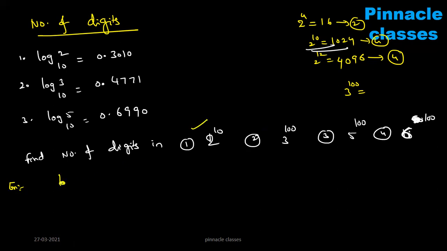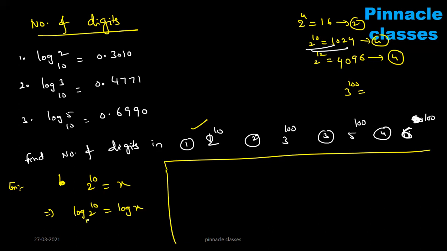Let 2 power 10 be equal to x. Apply logarithm on both sides. I'm taking the base as 10. Apply logarithm on both sides with respect to base 10.